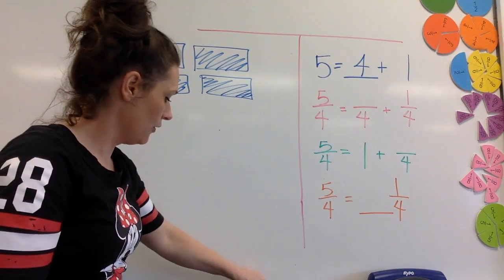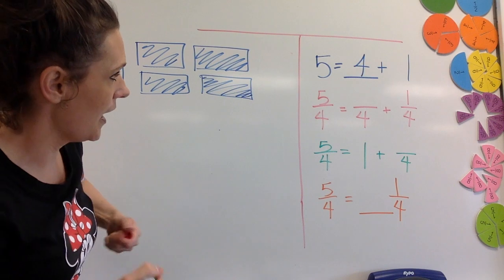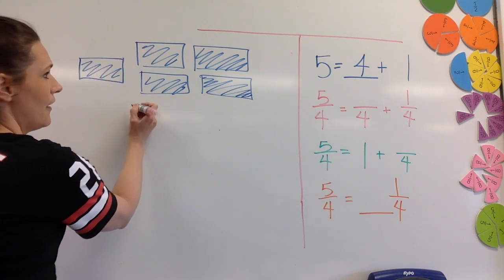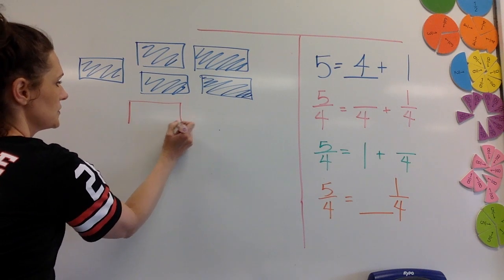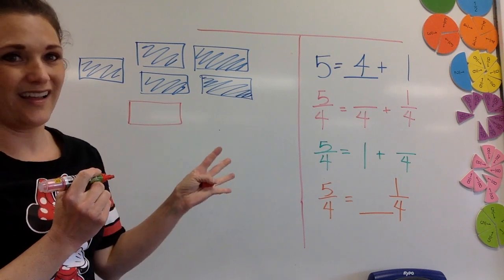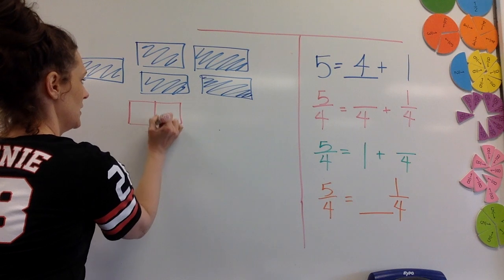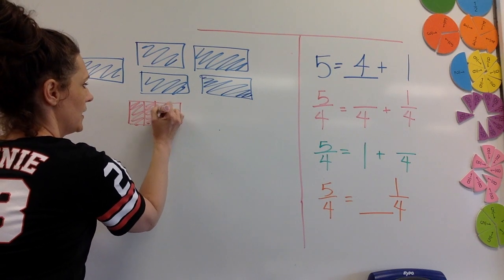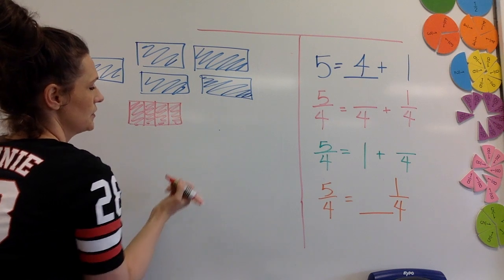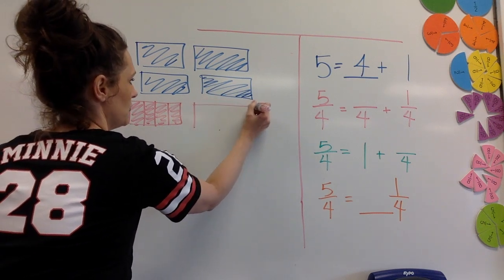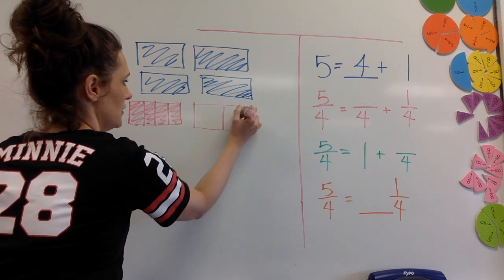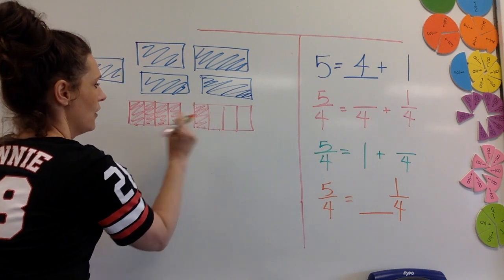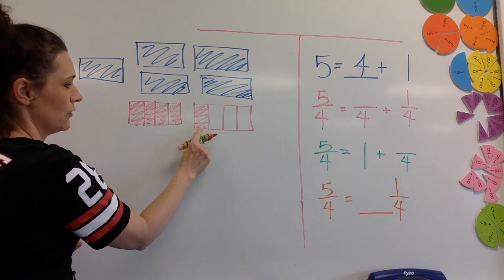So now I'm going to switch colors and we're going to draw 5/4. So now we have fourths, and I know I'm going to cut these into 4 pieces because we're working in fourths, and there's 4 of them, but I need 5/4. And so I'm going to draw another one, but this one's only going to have 1 shaded in so that I have 1/4, 1/4, 1/4, 1/4, and 1/4.